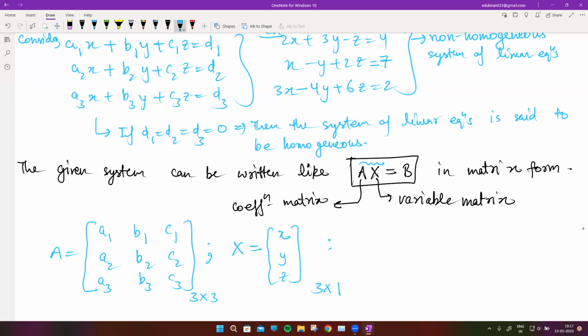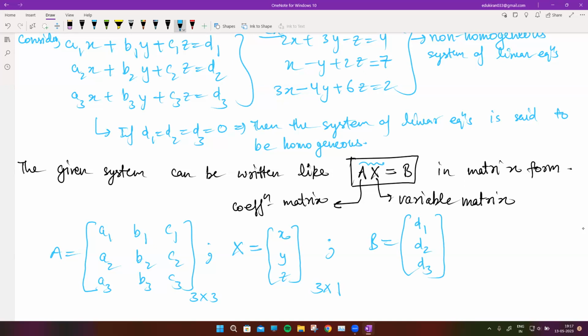Now, what is B? You can identify the order of B, because the order of A is given and the order of X is given. So the order of A into X will be 3 cross 1, right? So B will also be a column matrix, D1, D2, D3, your constant part.